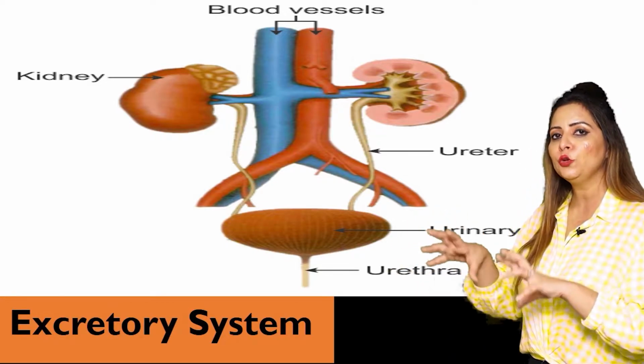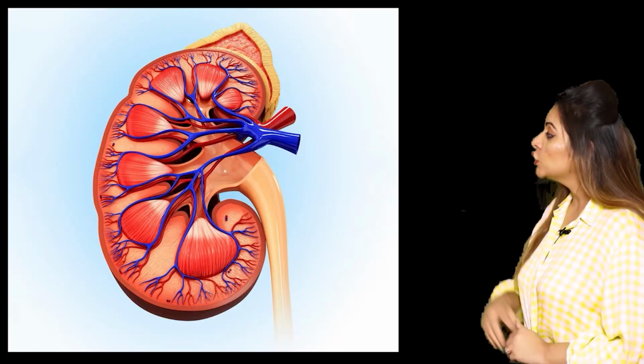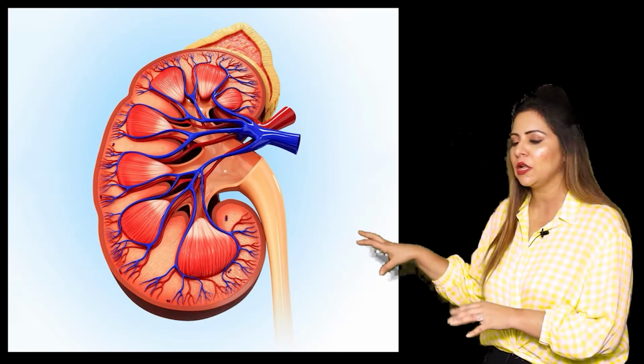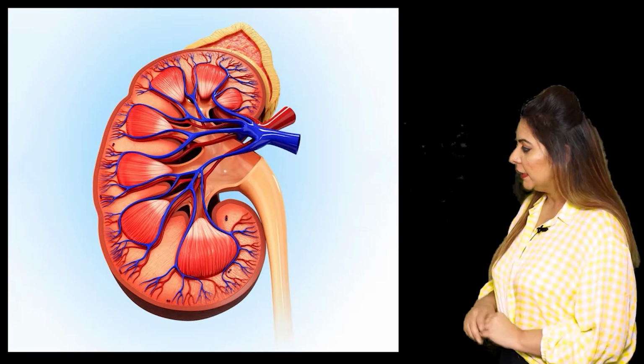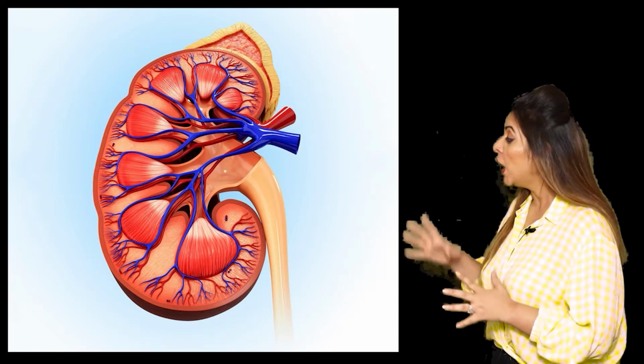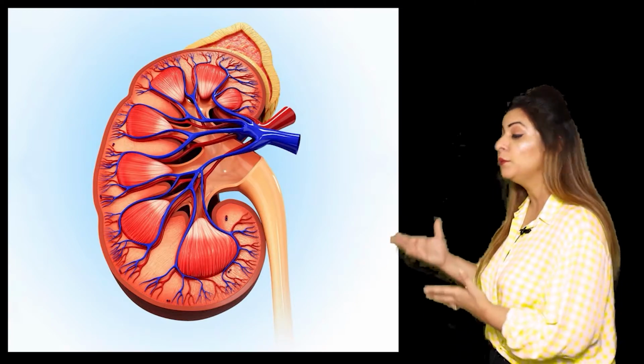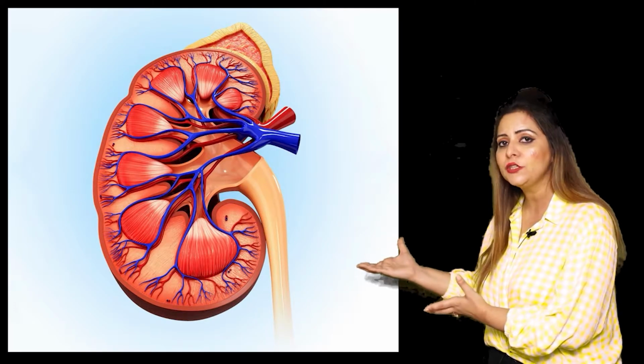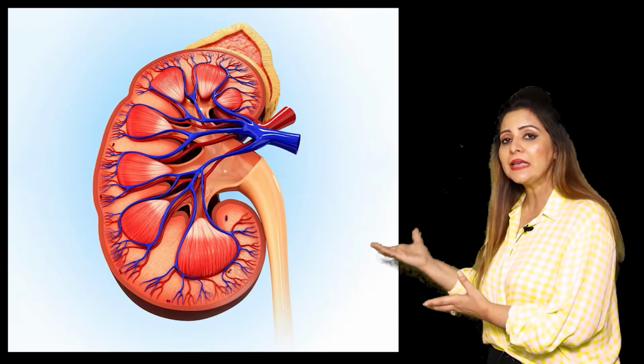Now let's move on to the internal structure. So this is how the kidney looks like. Let's focus on the kidney first. If I talk about its shape, it looks like a bean. That is the reason I'm again and again saying that it is bean shaped, right? So kidneys are basically bean shaped.